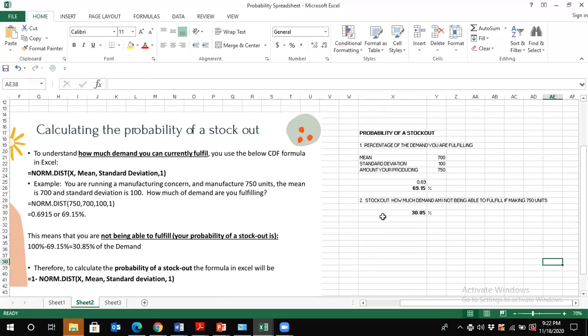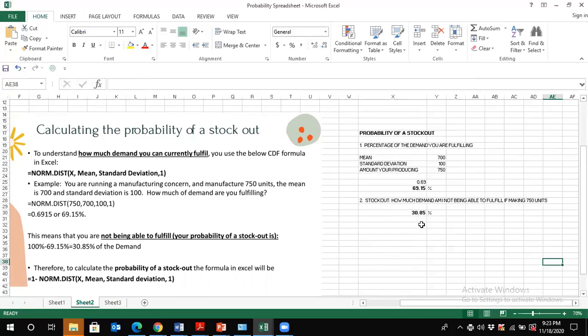of a stock out. Now, this is a very important value from a supply chain point of view, because once companies know that they are producing X amount, and this is the probability of a stock out, if, for example, this value was very high, like 90%, that's a really dangerous situation.